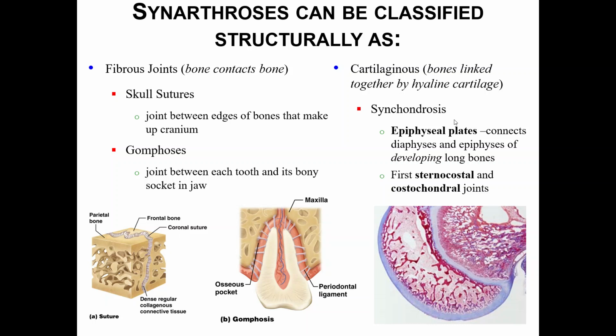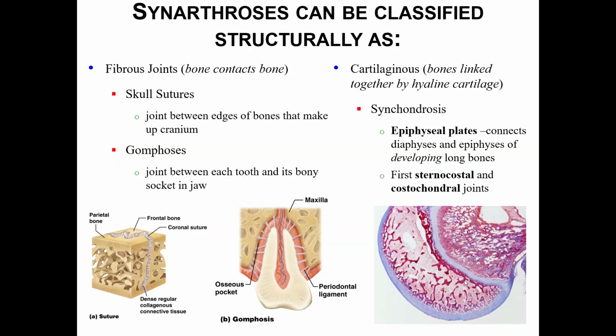The two most obvious places that we have these cartilaginous synarthritic joints are your epiphyseal plates. Okay, so this line right here is connecting your diaphysis to your epiphysis of a long bone. We obviously would not want any movement within a bone itself. Okay, so we don't want the top part of your femur to wiggle. We don't want that.